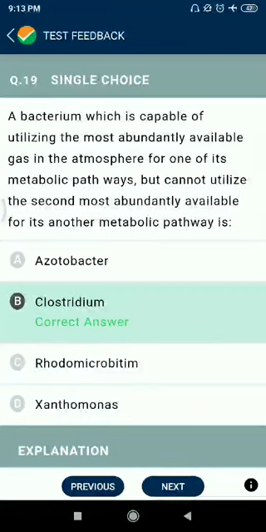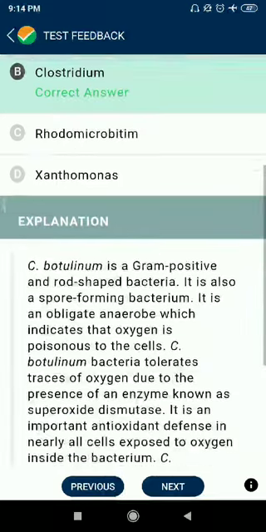Question number 19. A bacterium which is capable of utilizing the most abundantly available gas in the atmosphere for one of its metabolic pathways but cannot utilize the second most abundantly available gas for another metabolic pathway — Clostridium, no; Azotobacter, no; but Rhizobium, and after that Xanthomonas.